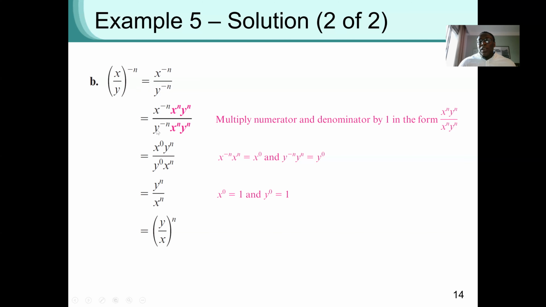Because the y terms are multiplied, so we get n plus negative n, so it will be n minus n, which gives you 0. So we use this term so that we can cancel these two, 0 and 0, and we get y^n over x^n. Or I'll just say straightforwardly, find the reciprocal of this. We turn the expression upside down, so we get y to the power n over x to the power n. Either way, we get the same answer.